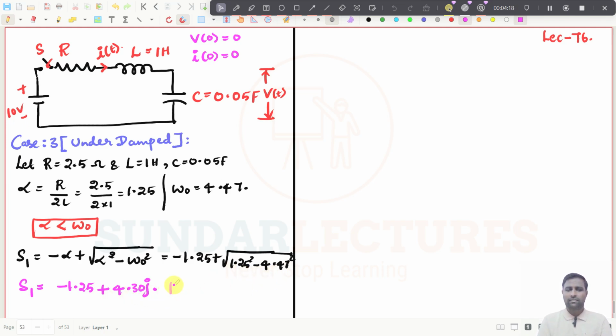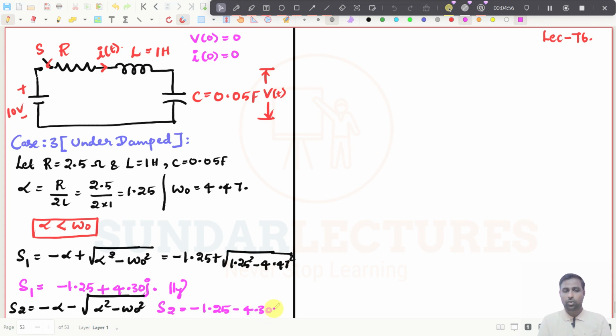Similarly, for S2, what is the formula? S2 is also very simple: minus alpha minus square root of alpha square minus omega naught square. It is the same thing, but with the negative sign. So S2 will be equal to minus 1.25 minus 4.30 j.